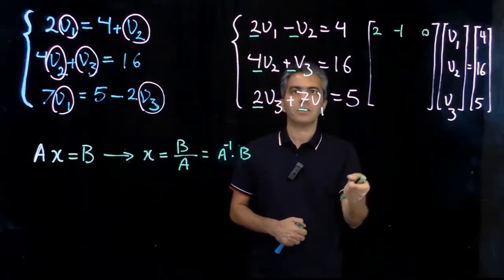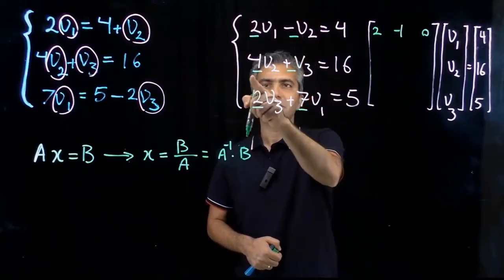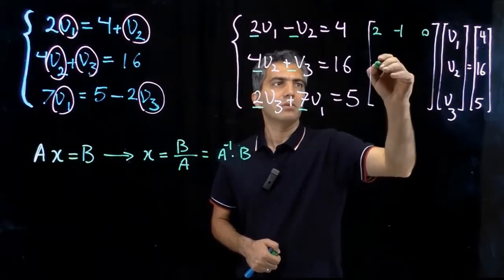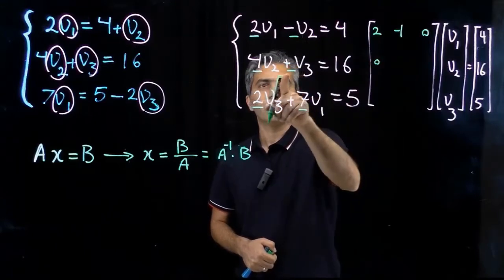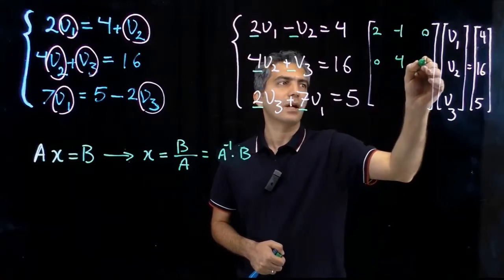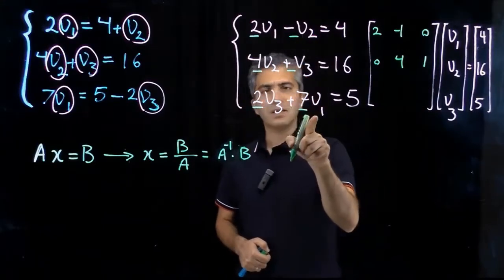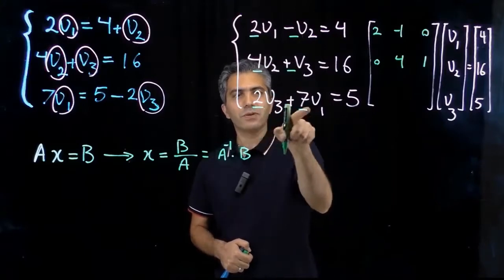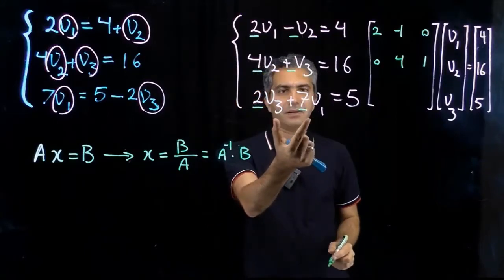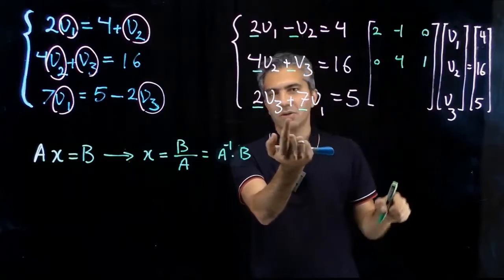Now I repeat the same thing with the 2 rows that are left. So for v1, I don't have any multiplier. For v2, I have 4, and for v3, I have 1. And finally here, for v1, see, I intentionally moved this so that v1 actually comes second, but once you're writing this equation, you have to be careful.